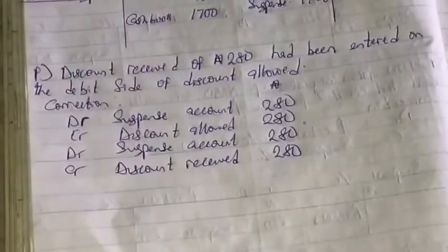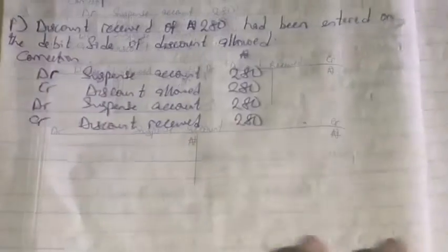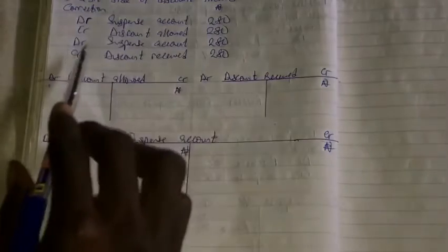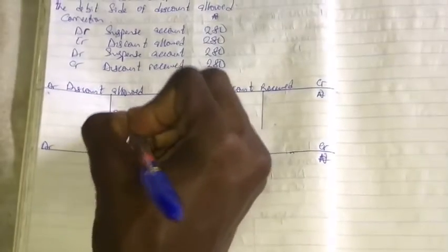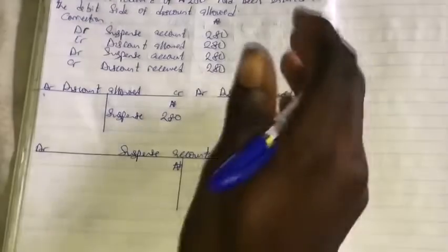You want to know how this thing will look like in the ledger, right? Hold on and let me draw the ledger table. So this is how it will look like in the ledger table. Save your time. Discount allowed, which is on the credit side. What's the corresponding account? Suspense. Write it there. 280. The discount received, which is the main account.